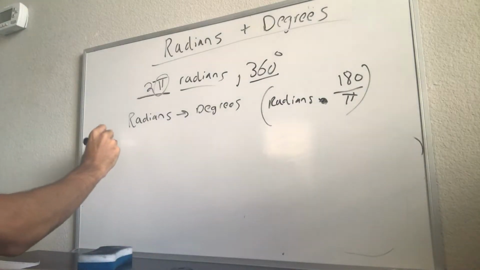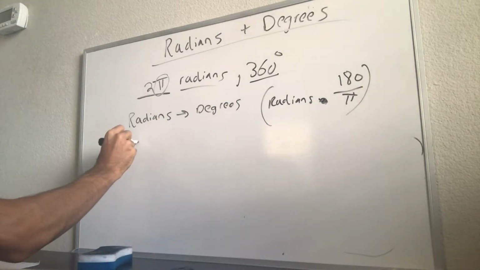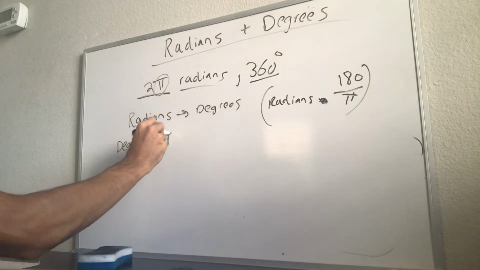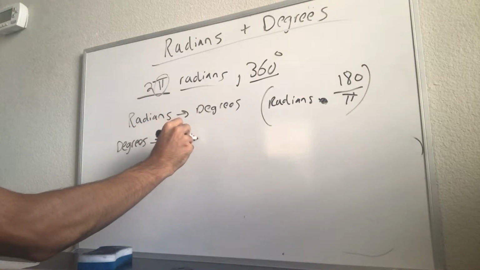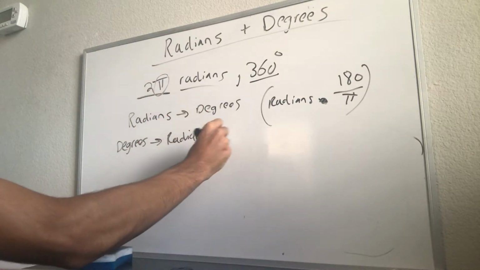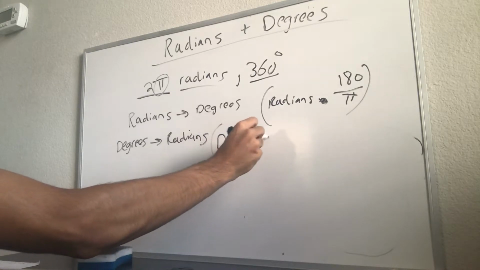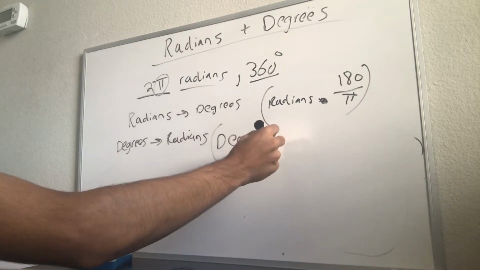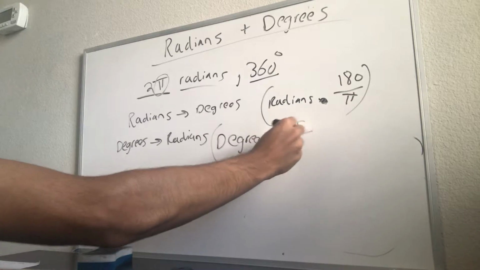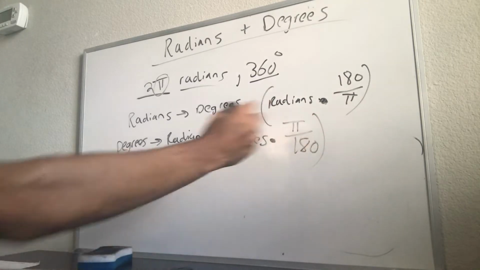And when you're converting from degrees to radians, you want to multiply the degrees by pi over 180. So these are the two different ones.